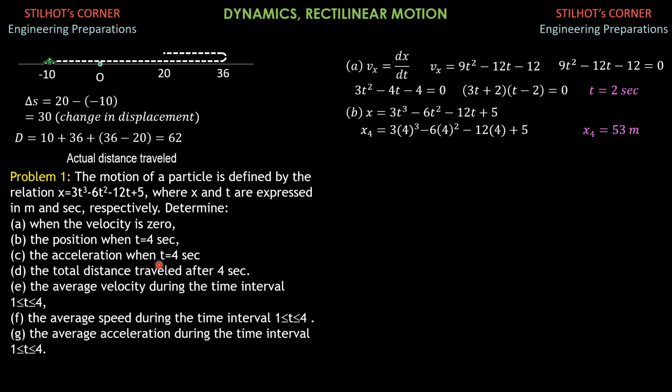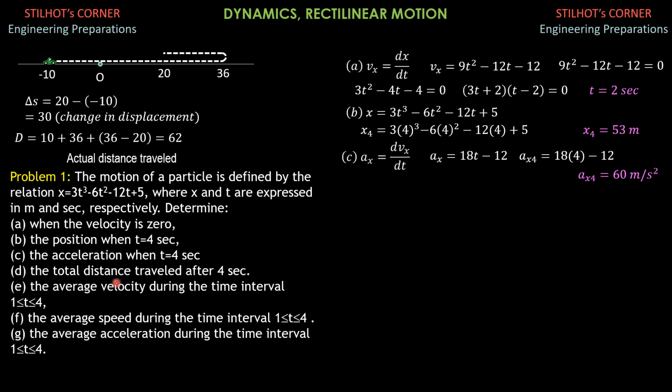For the acceleration when t is 4, the expression for acceleration a sub x is the derivative of v sub x with respect to time. The derivative of v sub x is 9 times 2, so 18t minus 12. Then we substitute t is 4. So a sub x at 4 is 18 times 4 minus 12, and that is equal to 60 meters per second squared.